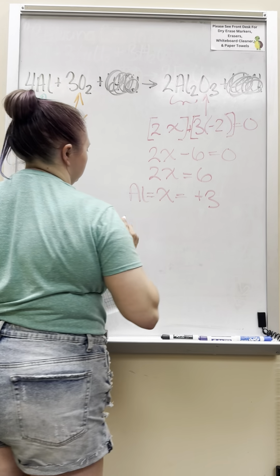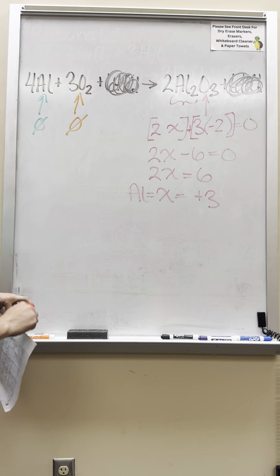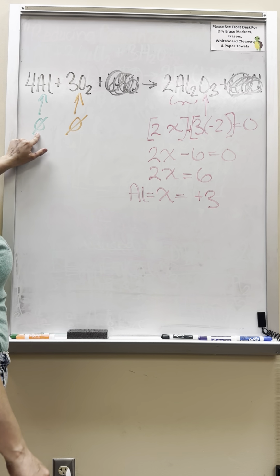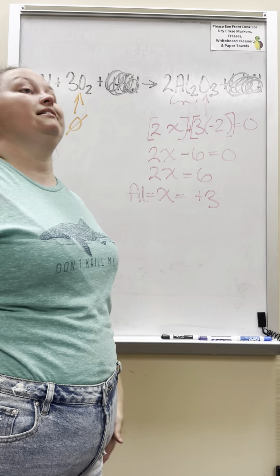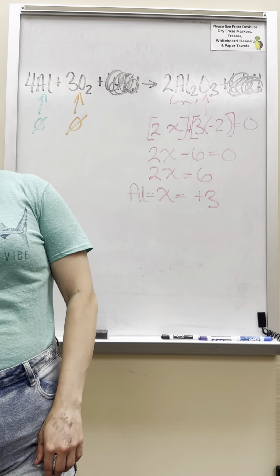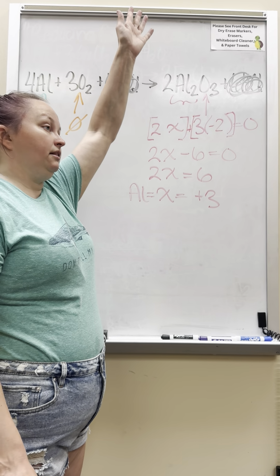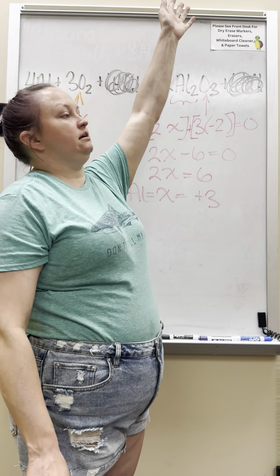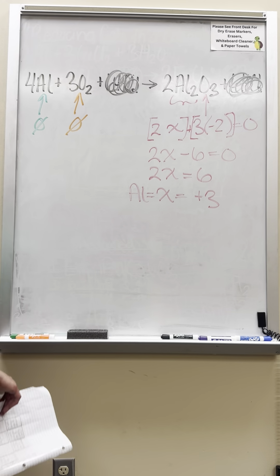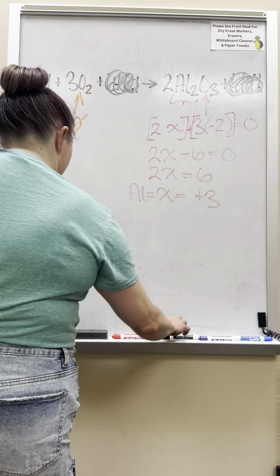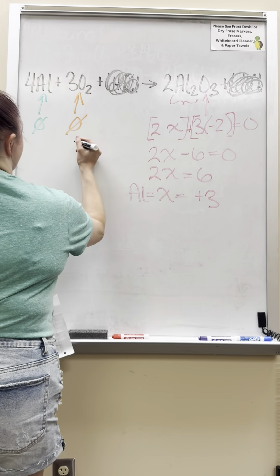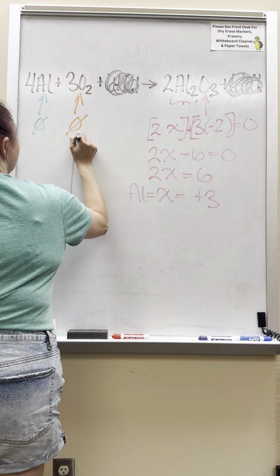Aluminum. Okay? Aluminum is going from 0 to positive 3. What did we say last time? That would be the wrong direction. You're climbing the ladder. You're climbing the stairs. Okay? You want to go in the opposite direction. You want to go from 0 to this negative 2.